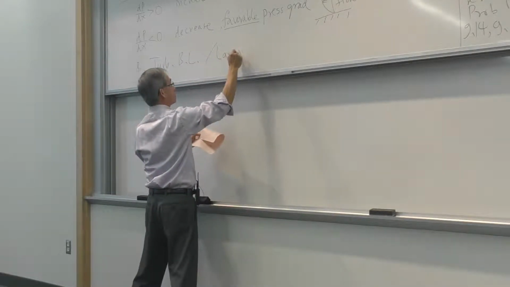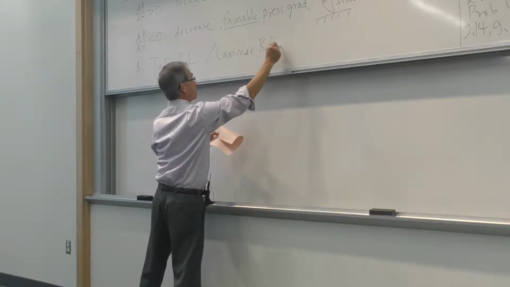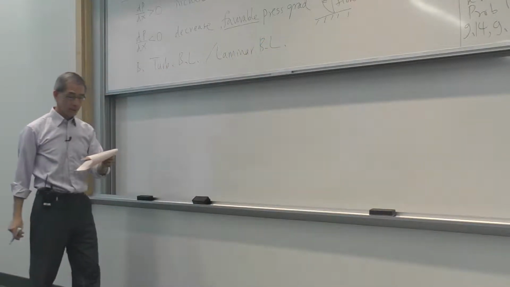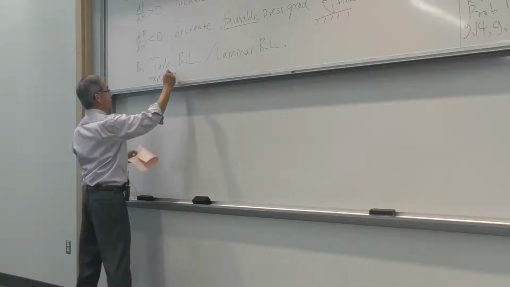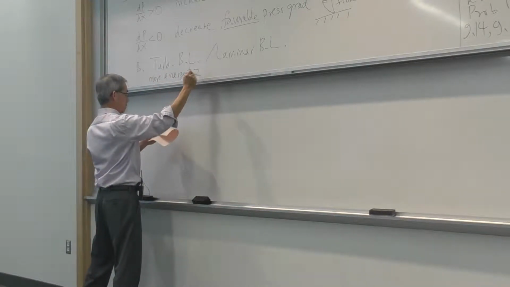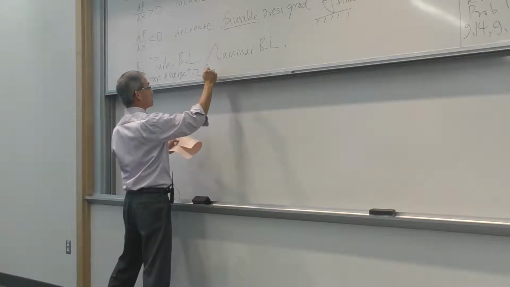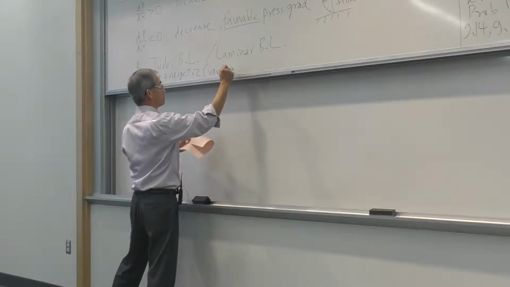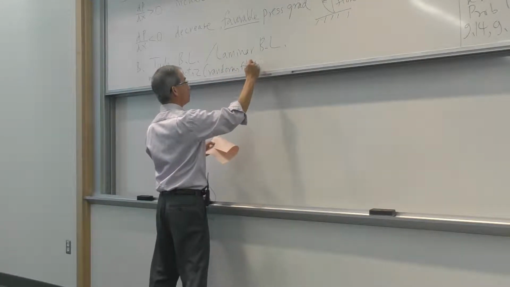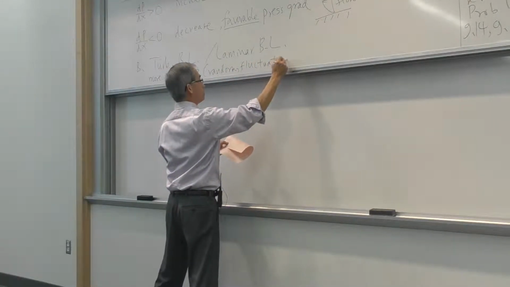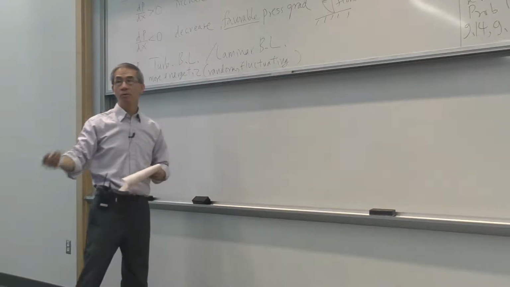laminar boundary layer. And the characteristic of the turbulent boundary layer is that it is more energetic, simply for the fact that it's fluctuating and there's a lot of random small scale motion that promotes mixing.